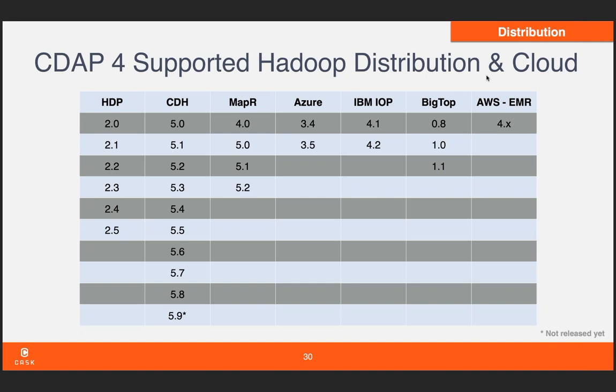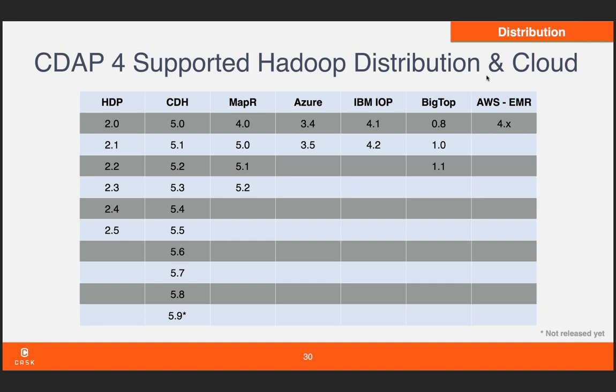So one of the major things that we are doing as part of CDAP 4 is having the ability to support CDAP in a distributed form on AWS EMR. And due to the HBase version incompatibility, we were not able to support it previously.